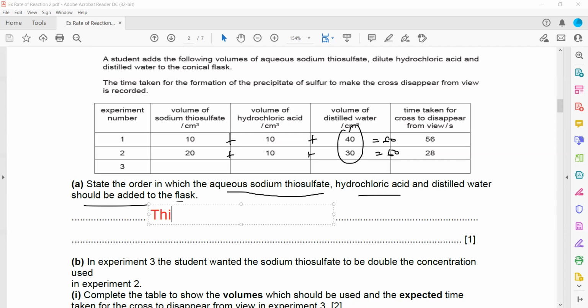It can be sodium thiosulfate first, then second we add water to make the final volume the same, and at the last, for the reaction to occur, we can add hydrochloric acid.